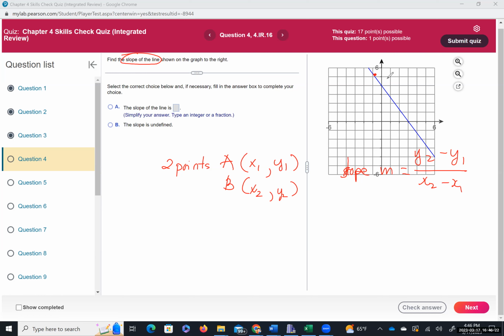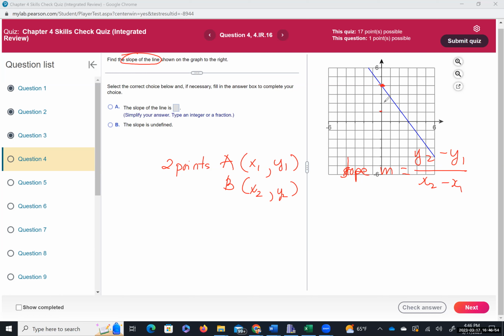Well, I know that's about almost -1 or -0 point something, and 6 point something, right? Well, you can't see that easily. So I would not choose that point.